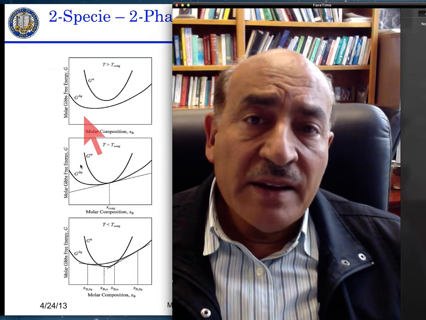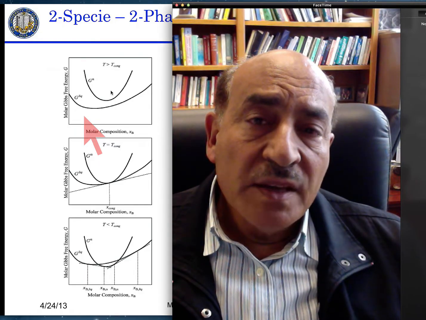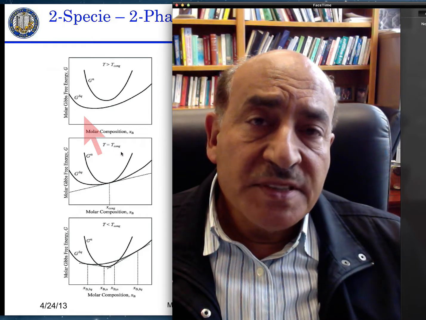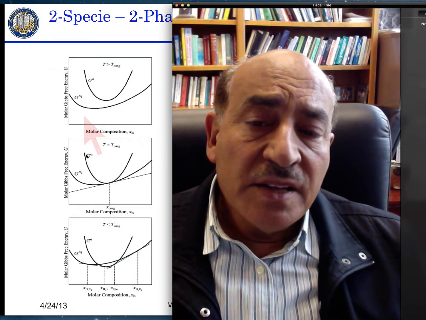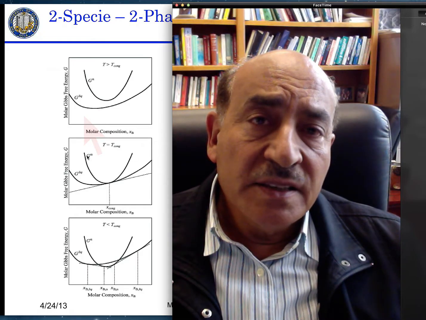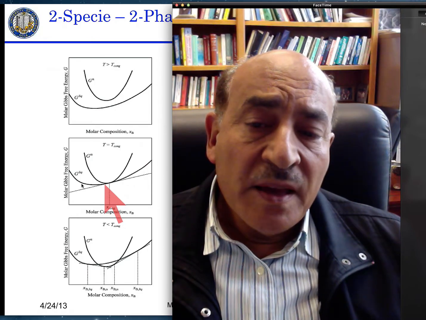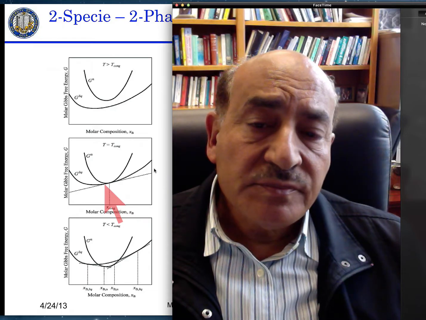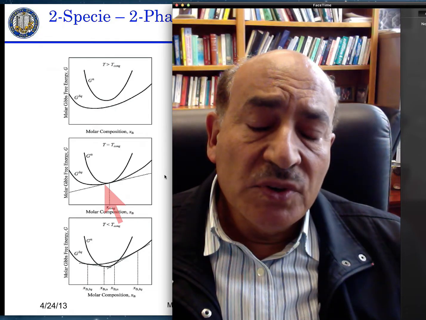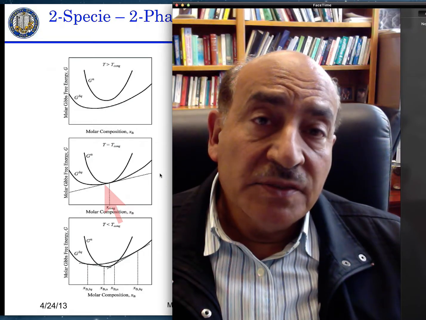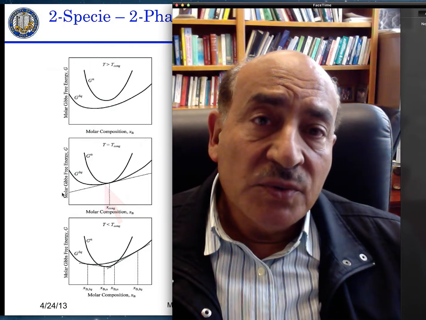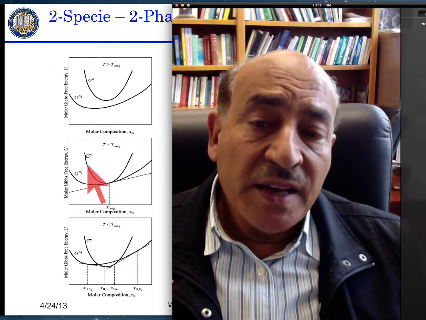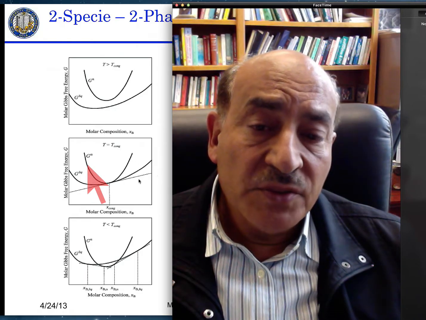Now, if I decrease the temperature until I hit this specific and critical temperature, T congruent, then what's going to happen is that the solid phase alpha is going to be tangent to the liquid phase G liquid, and they both have a common tangent that has the mu of element B on one side and the mu of element A on another side, where the mu's of the liquid and the alpha phases are equal for the two elements.